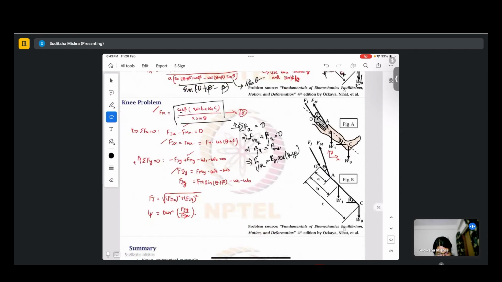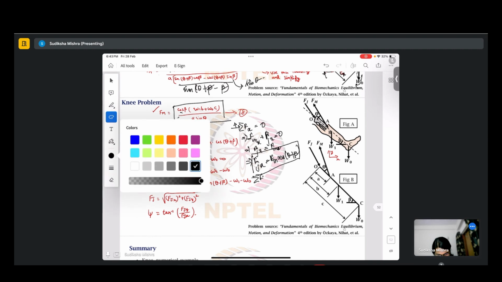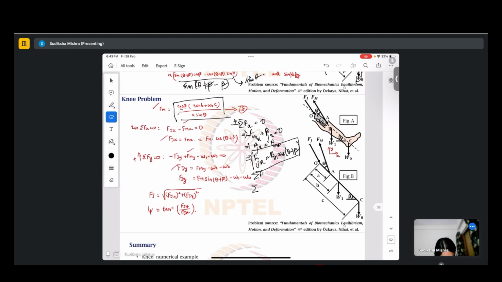Now coming to Fj, you now know the x component. Coming to Fy, where this is the positive direction, it is 0. Now Fy has this, which is in the negative direction, Fjy.